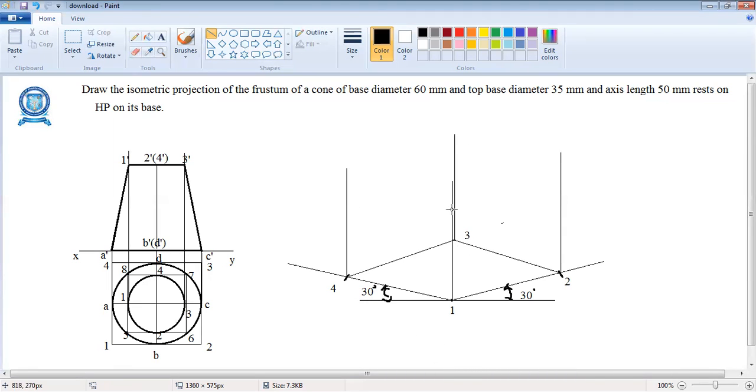From all the points we have to draw a 50 mm straight line for constructing a rectangular or square box. According to the axis, we have to draw the specified line.